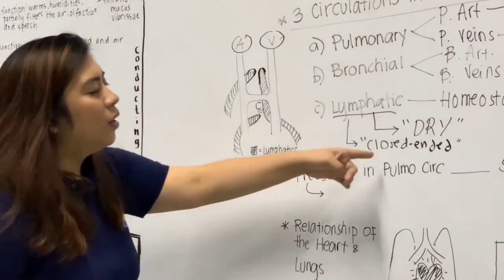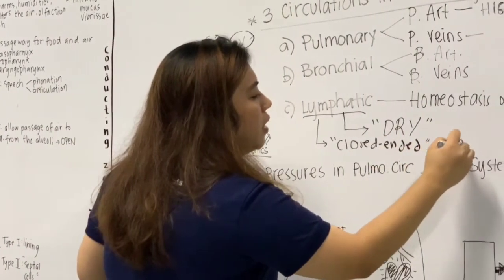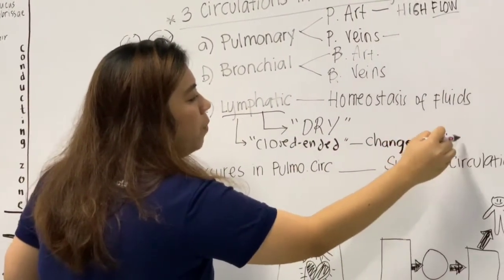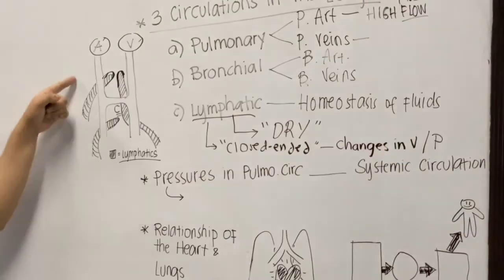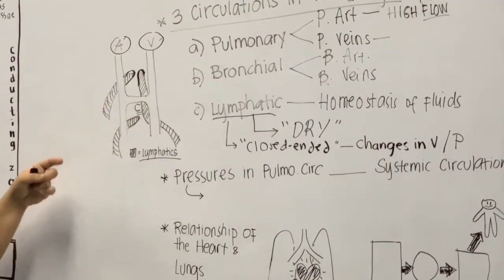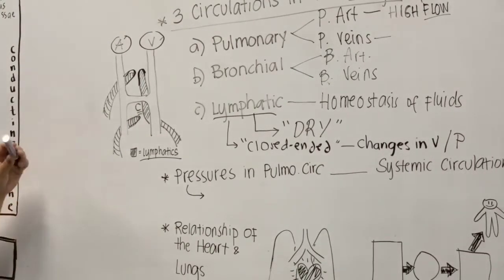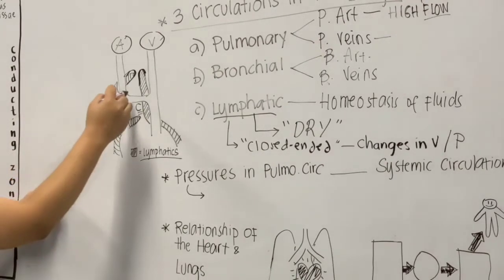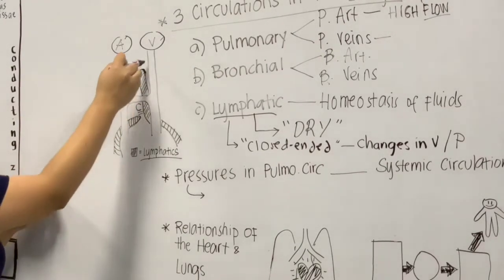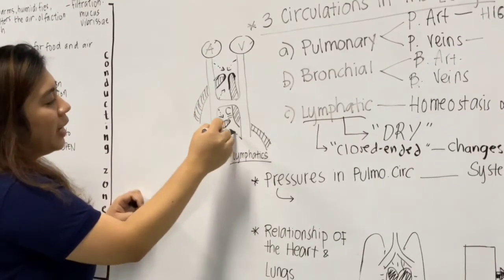Since they are closed-ended, they can only be opened by changes in volume or pressure. For example, between your arteries and your capillaries, as they are exchanging certain nutrients or substances, there are some particles that leak into your interstitial space. Along that process, there is a leak.